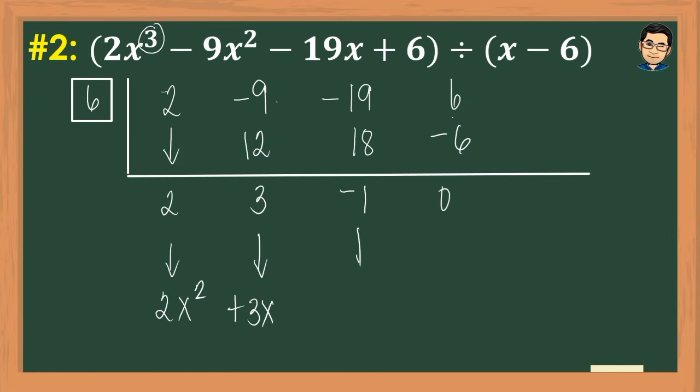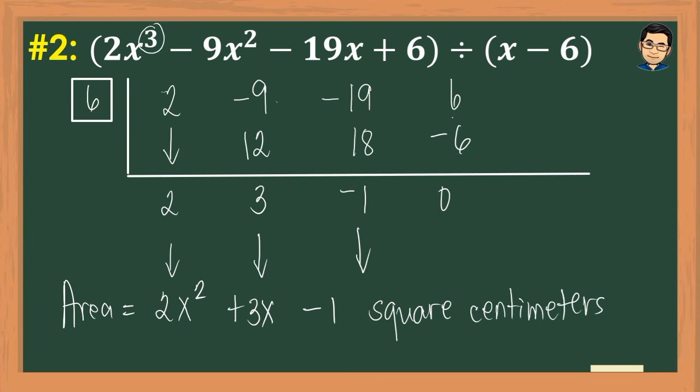And then, yung constant term natin, negative 1. Ibig sabihin po, ito po yung area nung box base. And then, ano ang nawawala natin dito? Yung unit po. Square centimeters. Or pwede rin namang square centimeter. Ayan.